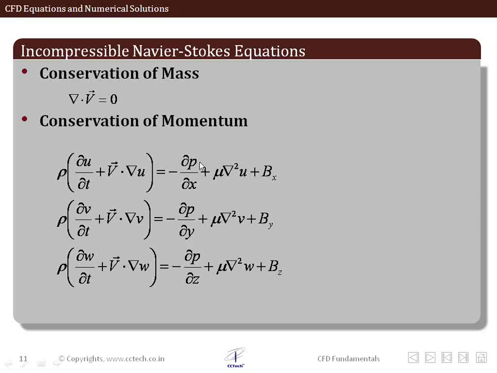And on the right hand side, in all these cases, we have the pressure gradient along x, y and z respectively, and also the variation of the x, y and z velocities, and that's the surface forces, and we also have the body forces along the x, y and z directions. So that's the overall set of equations which is included in the incompressible Navier-Stokes equation.